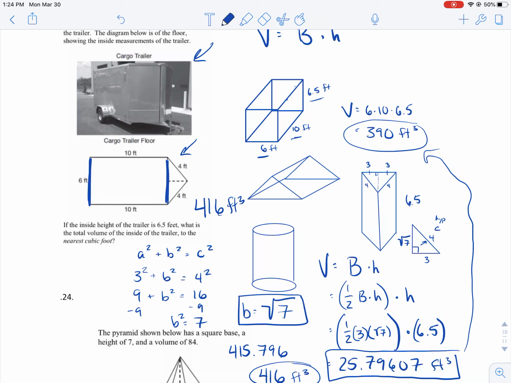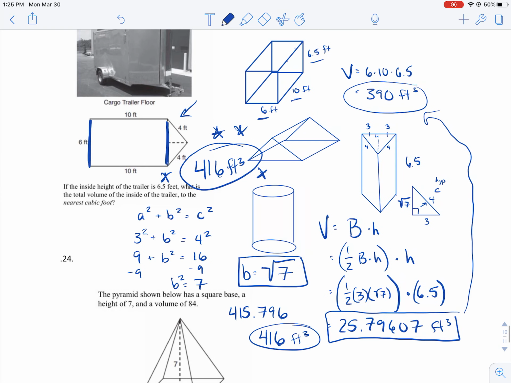Oops, sorry, feet cubed. So your answer is 416 feet cubed. Let me put some stars around there so people know where to find it.